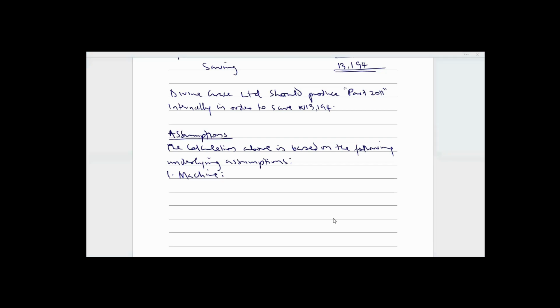It is assumed that the machine is owned by KKPLC Limited. However, the original cost of the machine of 120,000 naira is a sunk cost and therefore ignored.